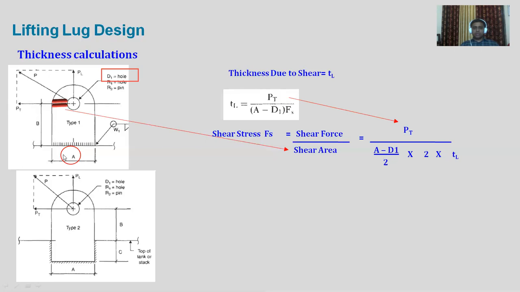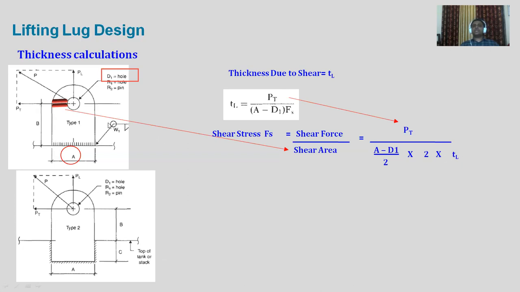That is nothing but the entire distance A minus the hole diameter. This minus hole will give us this distance as well as this distance, but we want only this distance, and that's the reason it will be divided by 2. So A minus D1, that is this distance and this distance, divided by 2, will give you the width in this direction, and the thickness will get multiplied with this.